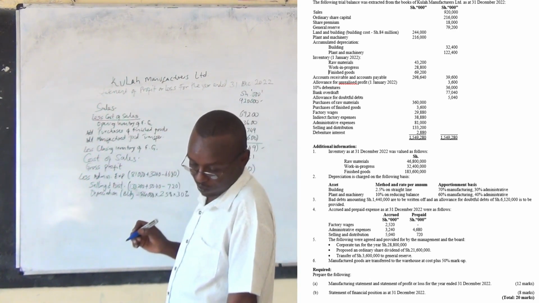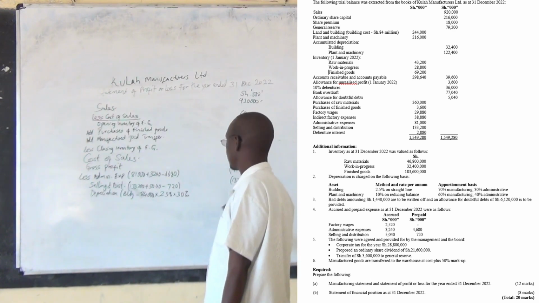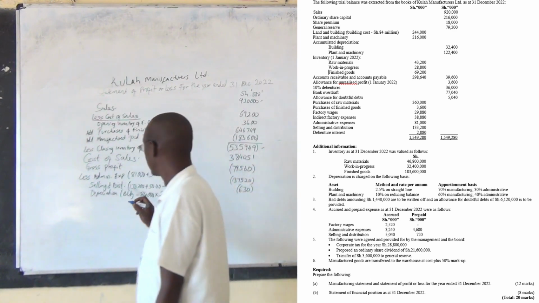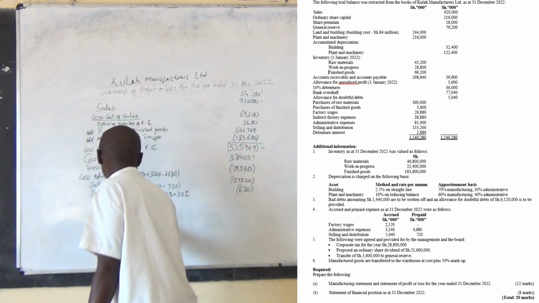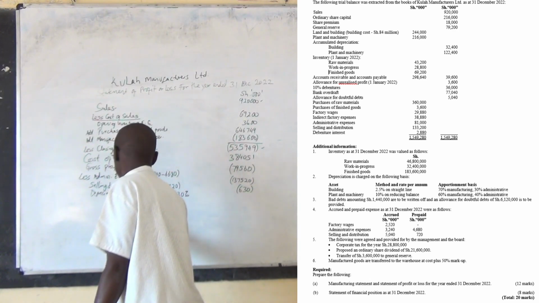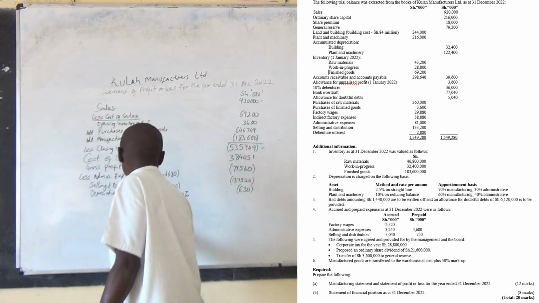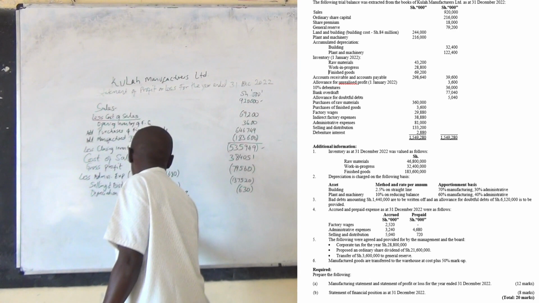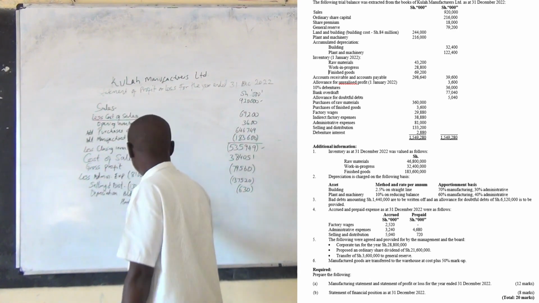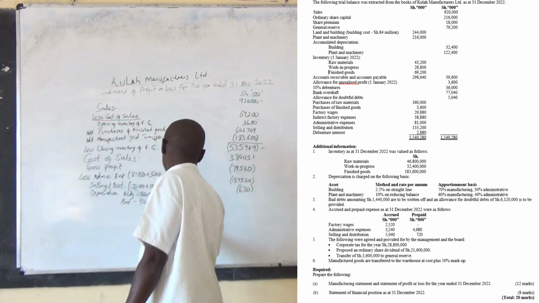We get what? 630. There is depreciation of plants, which goes at 93,600 multiplied by 10% times 40%.